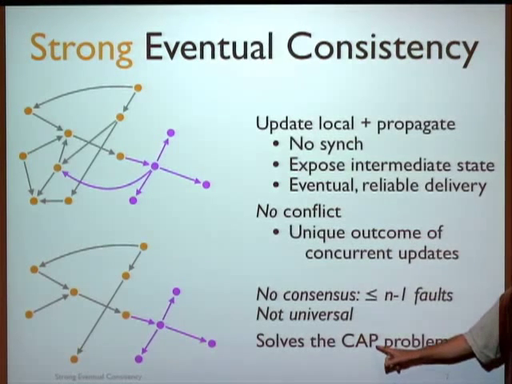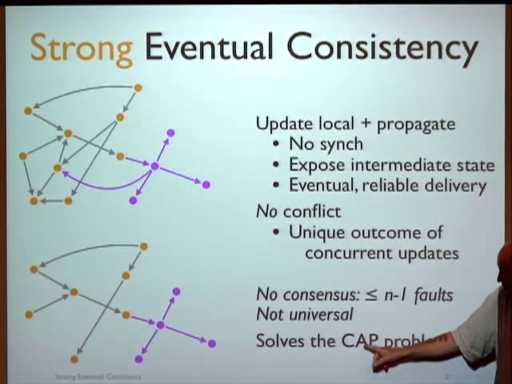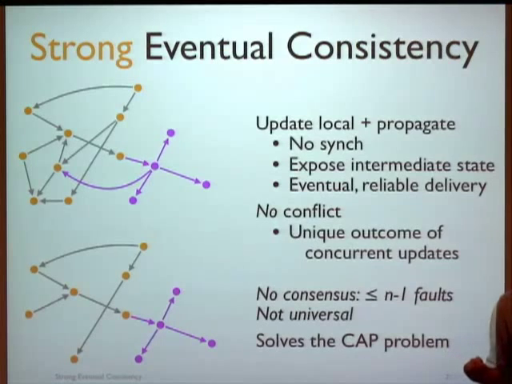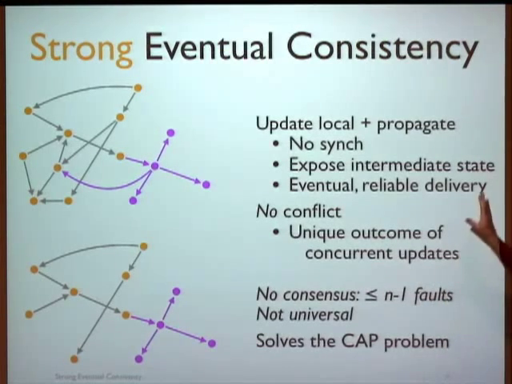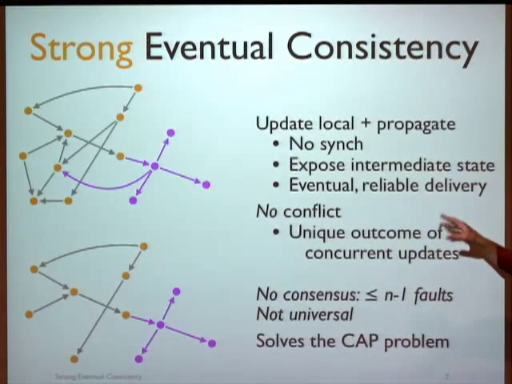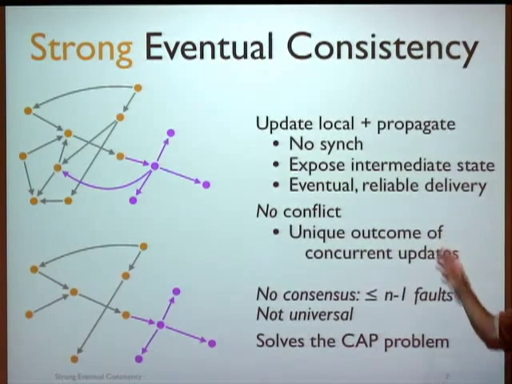So if your system can fail, then you have to choose between either having consistency or availability, right? If you accept, instead of strong consistency, strong eventual consistency, then you can have all three of these.